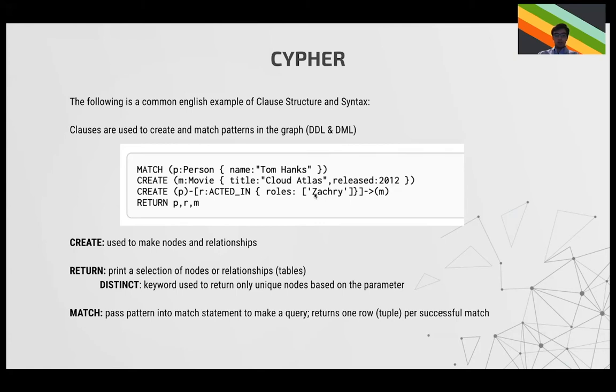Then finally, we're going to create a relationship between the new node P and the new node M with the type acted in and the property role. And then finally, we're going to return the two new nodes, P and M, and the relationship between them, R. And that return statement will just print a table that contains all of the information.